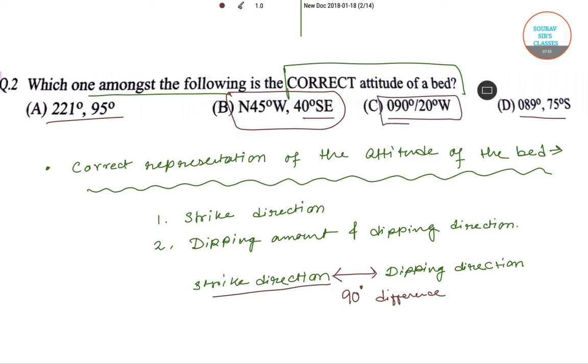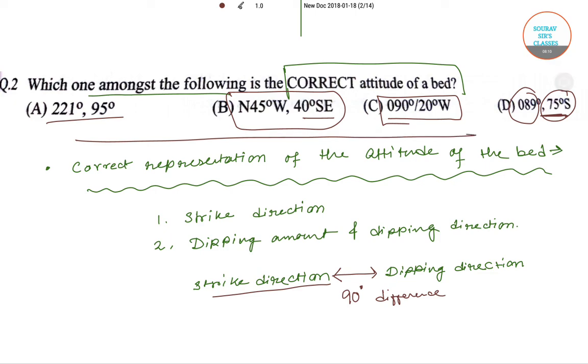We have 75 also closer to 90 degree, and 75 degree south, and this 89 degree is closer to 90 degree than all the other options. So option D will be the correct answer here.